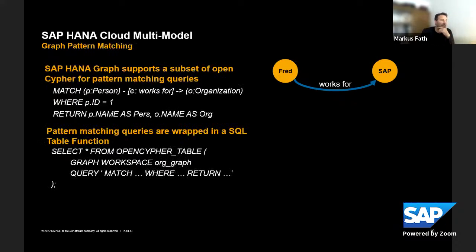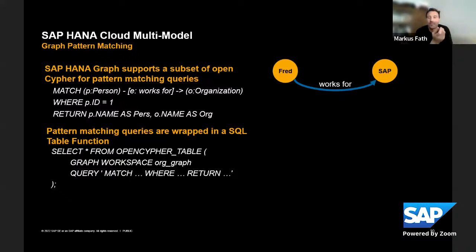Here is an example of a pattern matching query and how that looks. The query language is called Cypher, again brought forward by Neo4j. We do support Cypher for pattern matching queries, and essentially Cypher queries look a little bit like SQL. So at least there is a where clause and there is something like a select clause, which here is called match.